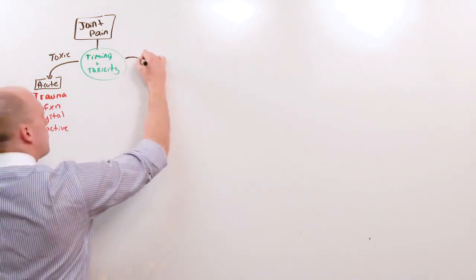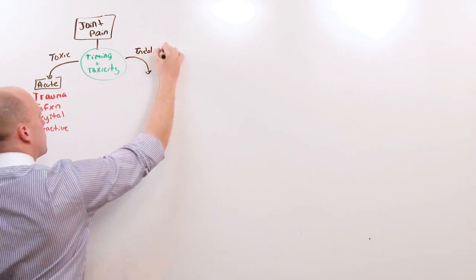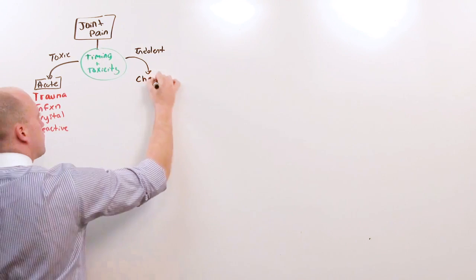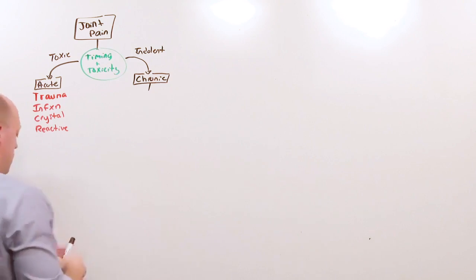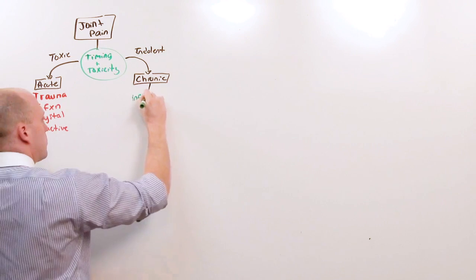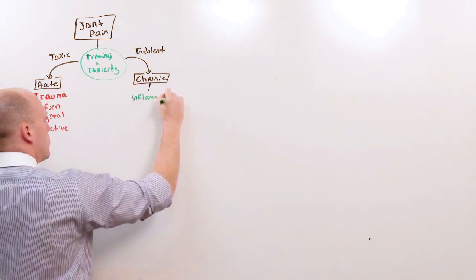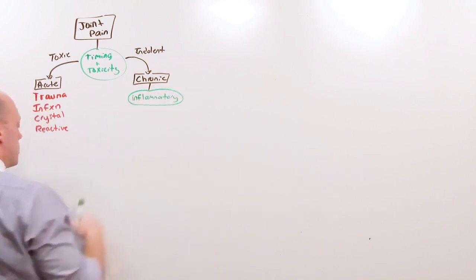But if the timing and toxicity is more indolent, and it's chronic, this is harder because there's more things to consider. And first you're going to consider, is it inflammatory? Yeah, their joints hurt, but is it even red, hot, swollen, and tender?